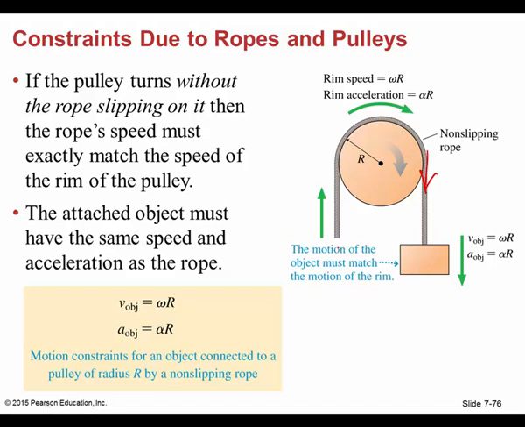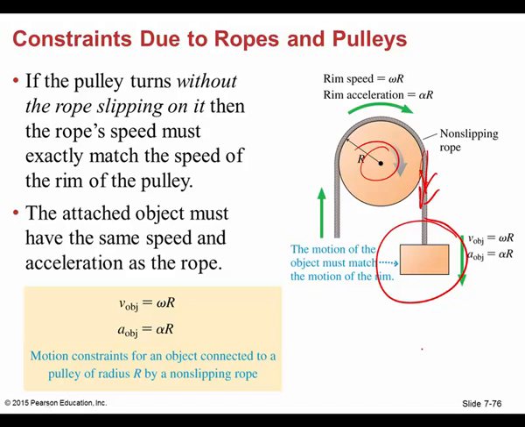That's all we care about, what's right there. We don't care about what's going on in here. Why? Because where's your rope and the mass? It's on the outside, isn't it?